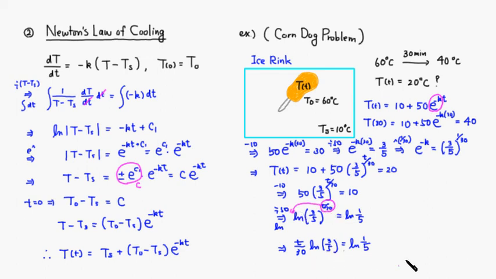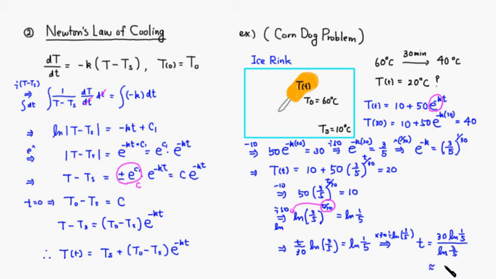Then we can find t by multiplying by 30 and dividing by the natural log of 3/5. So t is equal to 30 times the natural log of 1/5, the original right-hand side, divided by the natural log of 3/5.